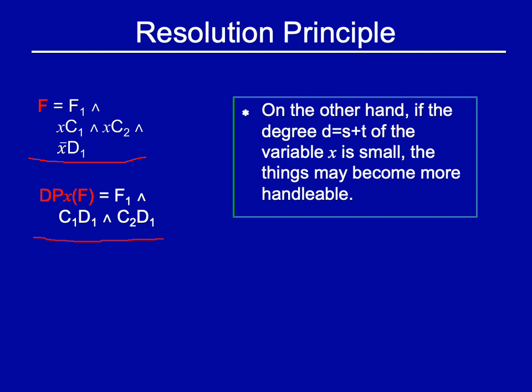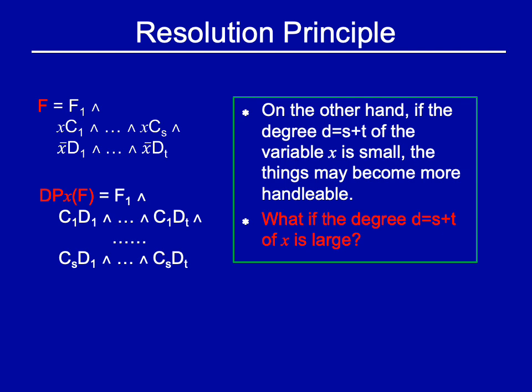If the degrees are small, it seems quite simple to handle. On the other hand, when the degree is large, we don't know how to do that, because the structures can be too complicated.